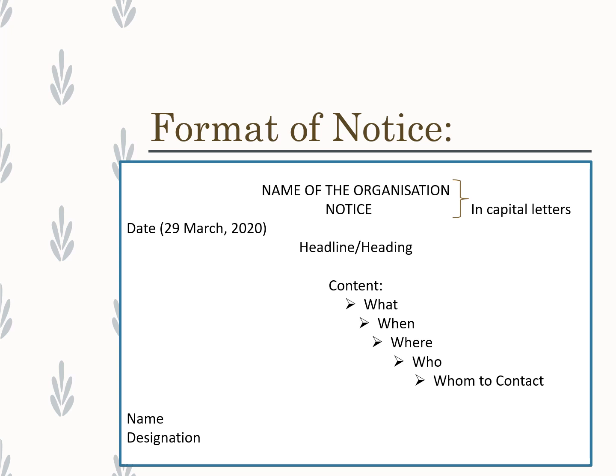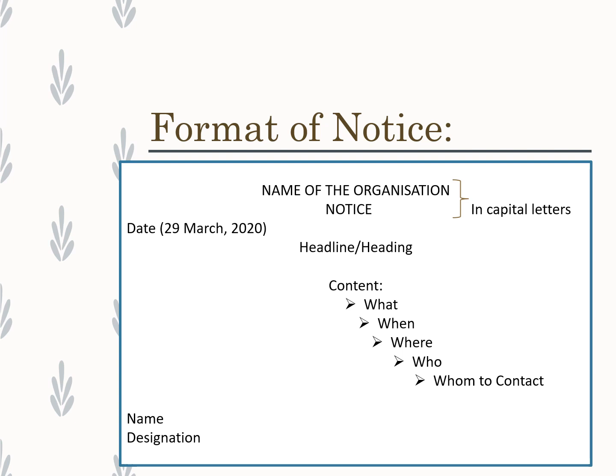Then there will be a heading and the content. In the content, what we have to write is what, when, where, who, and whom to contact. So these 5 points should be included in your notice once you are going to write the content for the question that you will get.